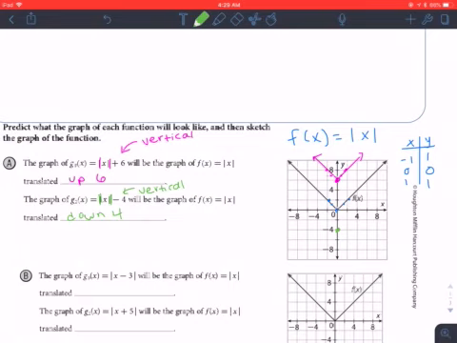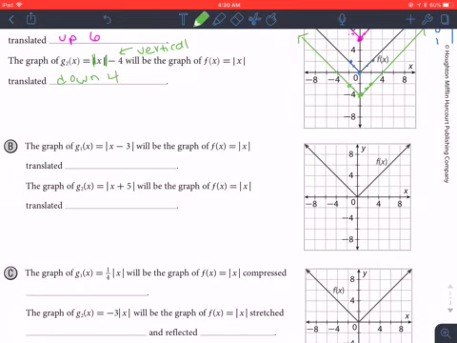My point at 1, 1 would move down to 1, negative 3. And -1, negative 3. And so on. So we get a graph that looks like this. As close as I can get. So it's that parent function absolute value shifted down 4.